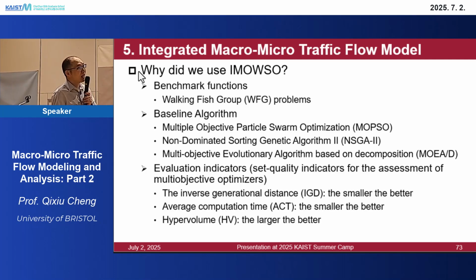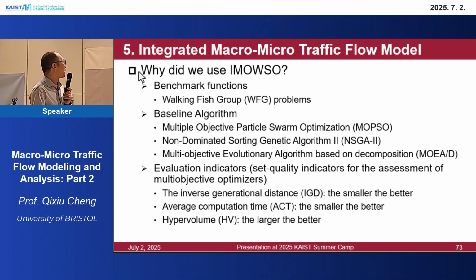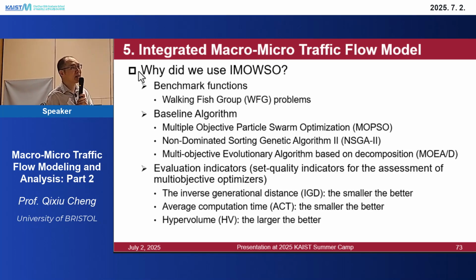So why did I choose IMOWSO? This is because in the MOWSO, it has a lot of benchmarks, so we can compare the performance of our proposed methods with the benchmarks. It also integrates some baseline algorithms, so we can compare our algorithms with other algorithms.